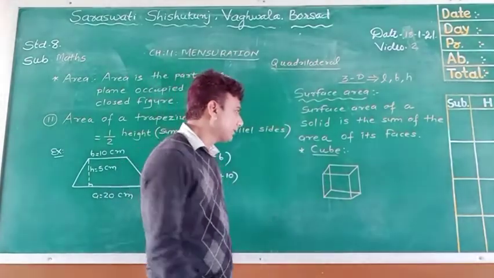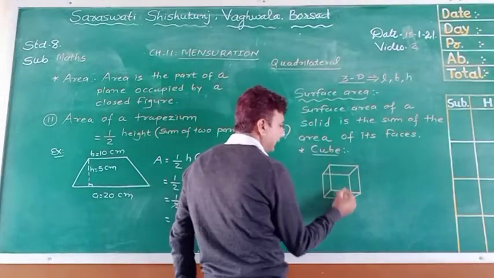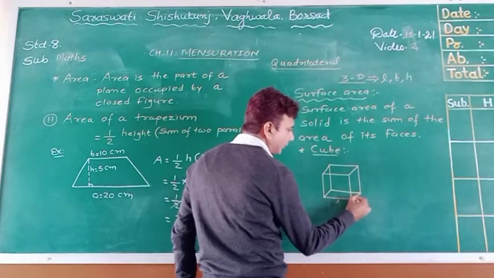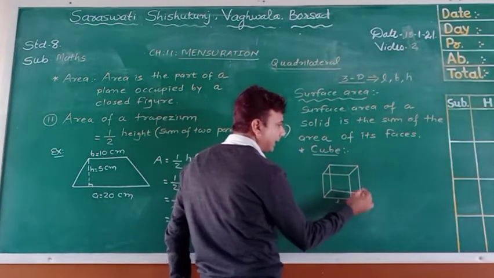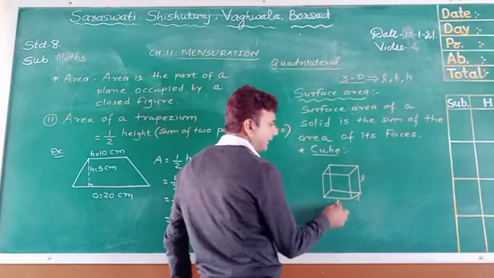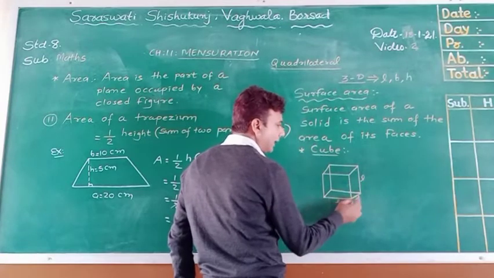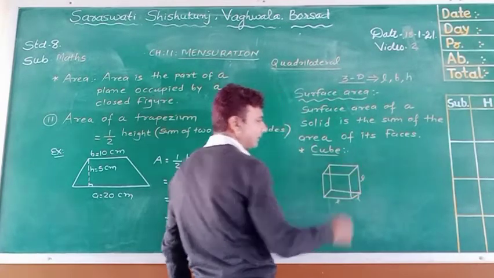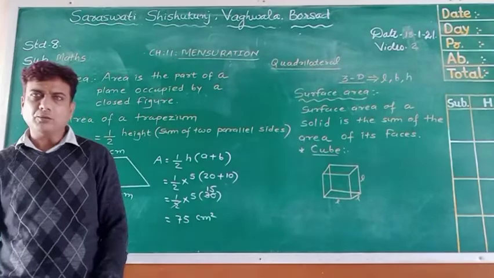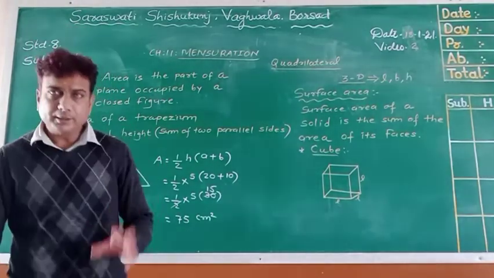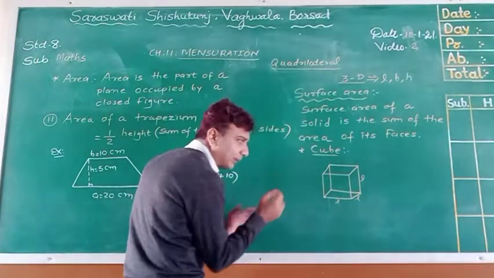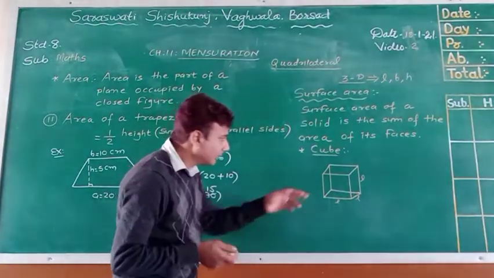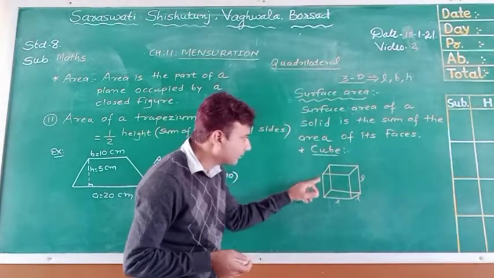Clear? So suppose we take this length, this breadth is also the same, and this height. Length, breadth, height are all the same, so L. Now we want to find its surface area. Simple. Let's make the formula ourselves. Which type of shape is this front view?